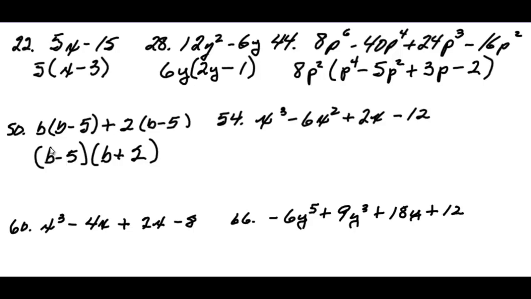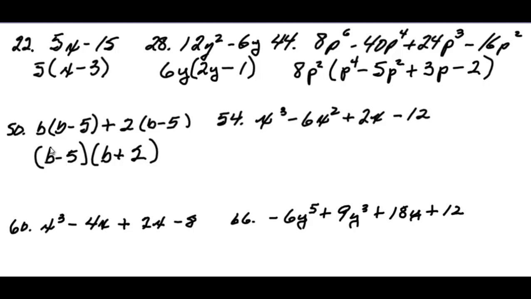So that shows that we can pull out not just a number or a letter, but we can also pull out a binomial. That leads us to the idea of factoring by grouping. And we're going to use factoring by grouping when we solve some of the more sophisticated trinomials a little later. We'll talk about that later.